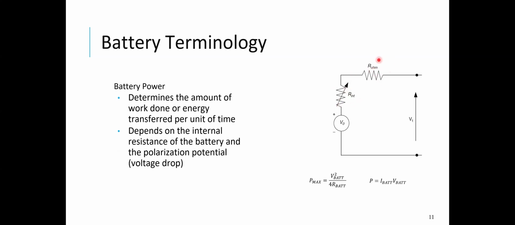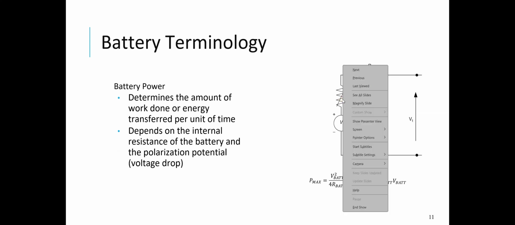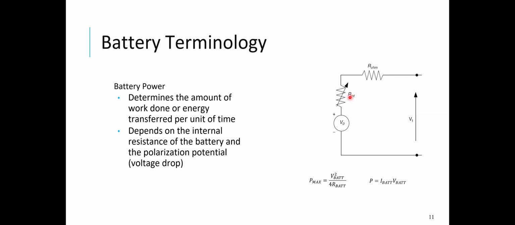An ohmic resistance, this is the actual resistance of all the conductors that make up the battery, and this internal resistance that represents the ability of the battery to quickly allow for that chemical reaction that we talked about that needs to take place at the terminals of the battery. So this internal resistance varies with the rate of discharge. The faster the rate of discharge, the higher the internal resistance. And that's why I have this line through it to show that this is a variable resistance.